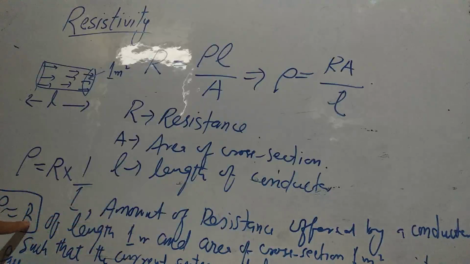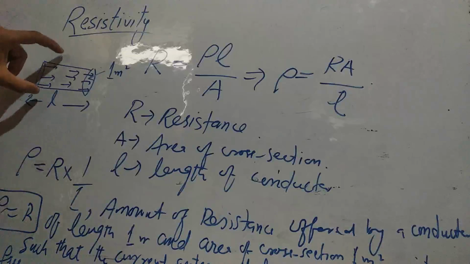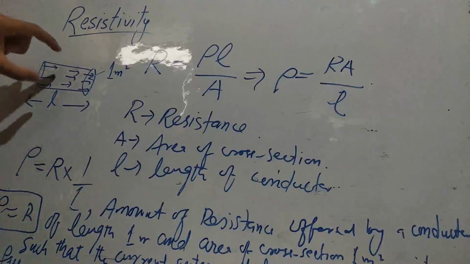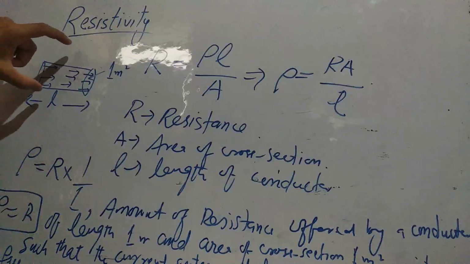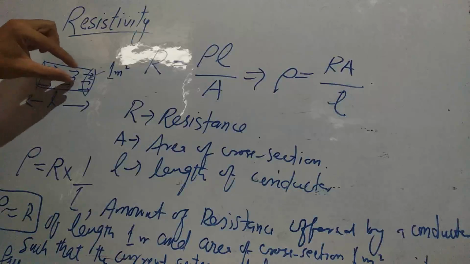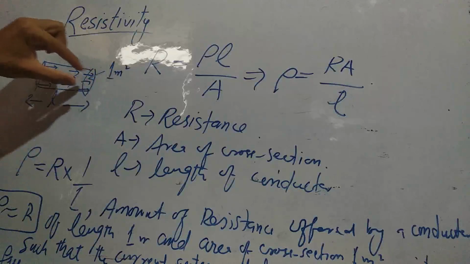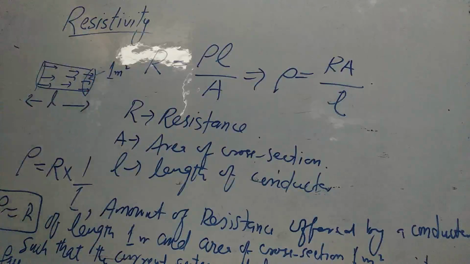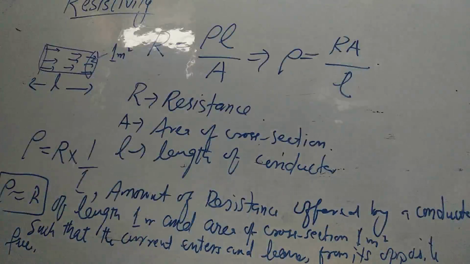Resistivity is equal to the amount of resistance offered by a conductor of length 1 meter and area of cross section 1 meter square, such that the current enters and leaves from its opposite faces.